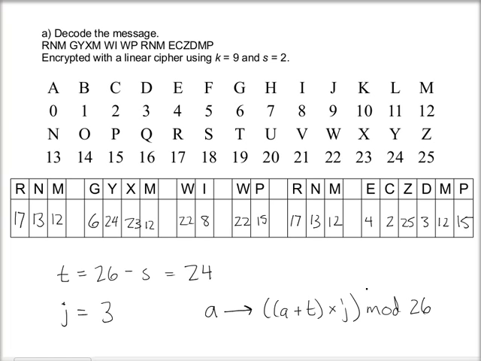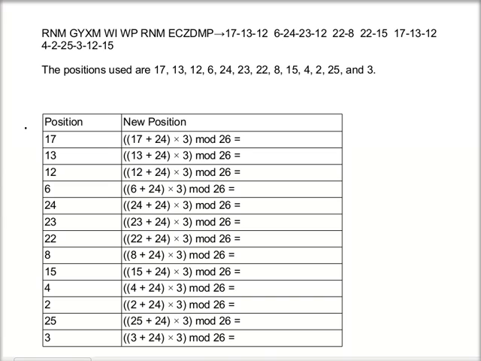Alright, so let's go on to the next slide, and here I've picked out all of the position numbers that are used in the encoded message. And in my chart I've got those position numbers, and then what I need to do to get the new position number, which is add 24 and then multiply by 3 and take that number mod 26.